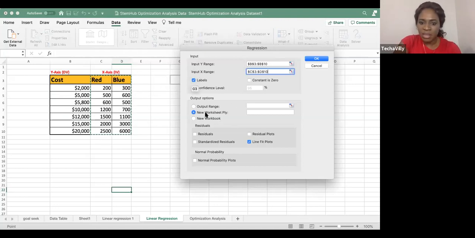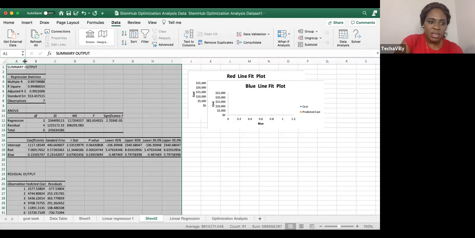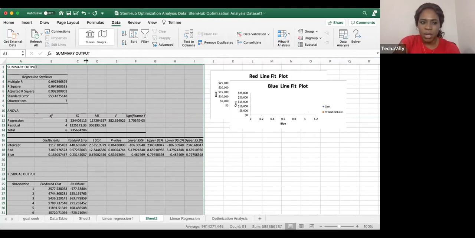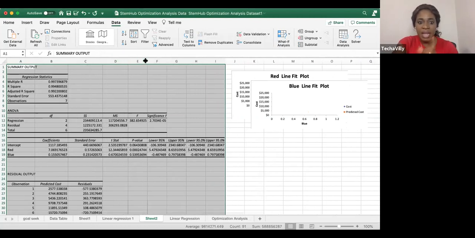Every other thing remains the same. We want it to come out in a new worksheet, and then we click OK. So this is the regression analysis for the one with more than one independent variable. Remember, the first one had just one independent variable, and this one has 2.